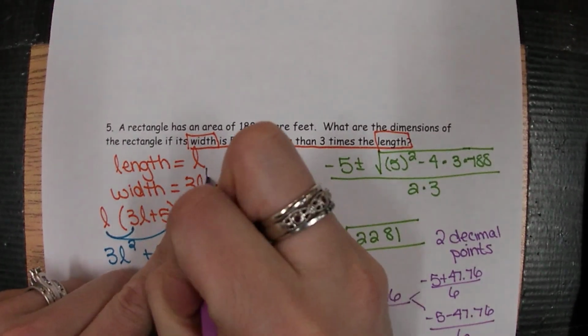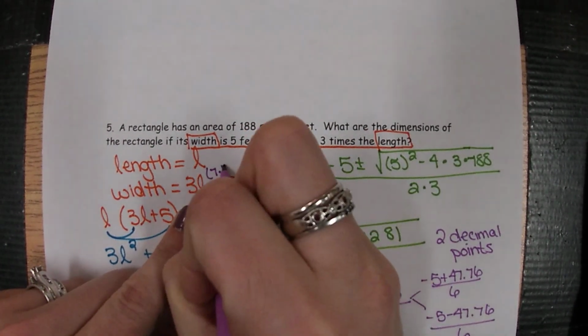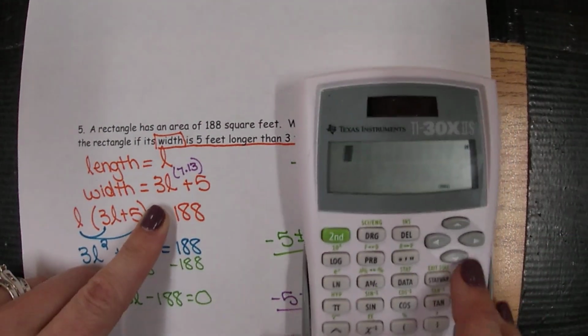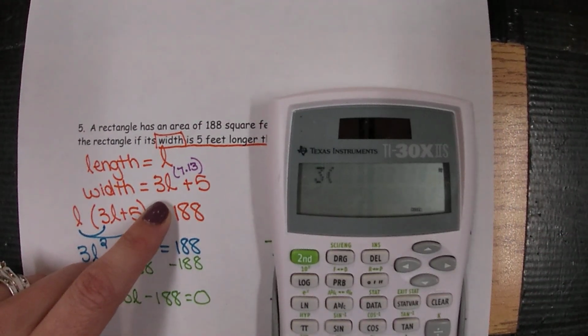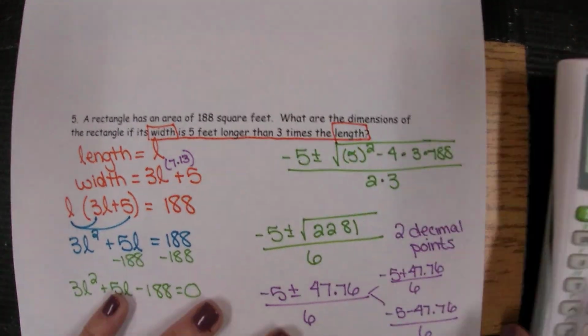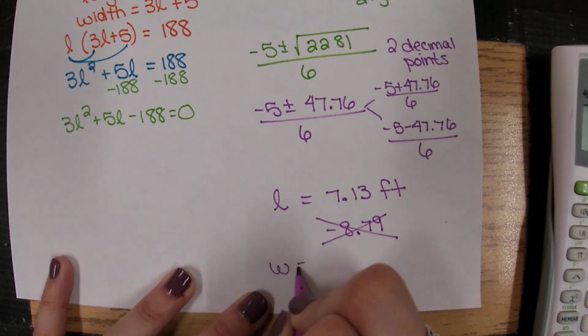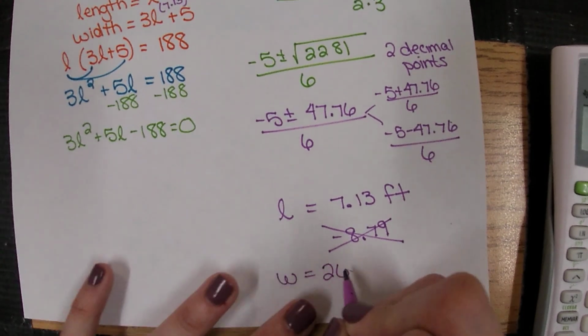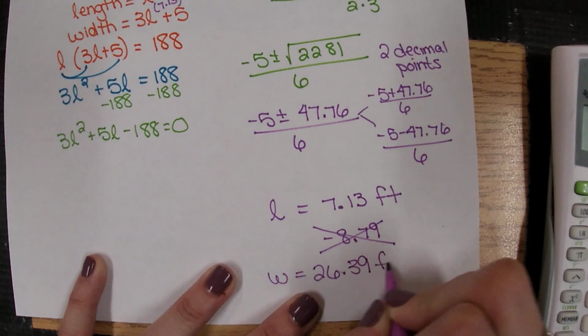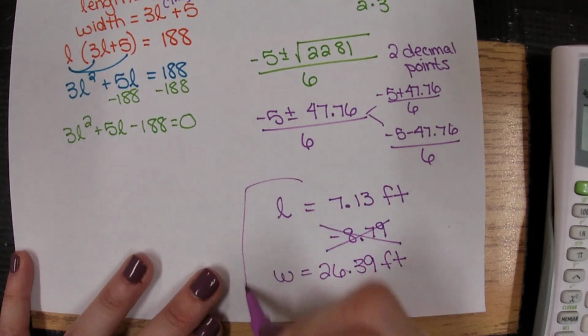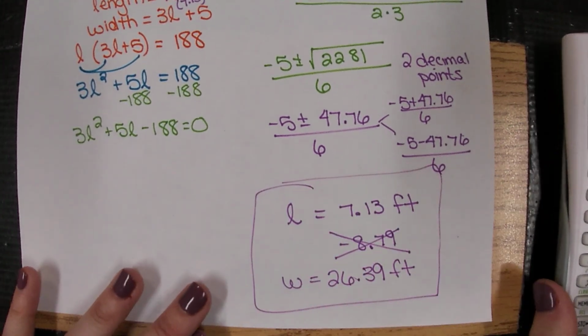So I'm going to plug in that 7.13 up here, right? So I'm going to do 3 times 7.13 plus 5 equals. And so my width is going to equal approximately 26.39 feet. And those are my measurements for my answer.